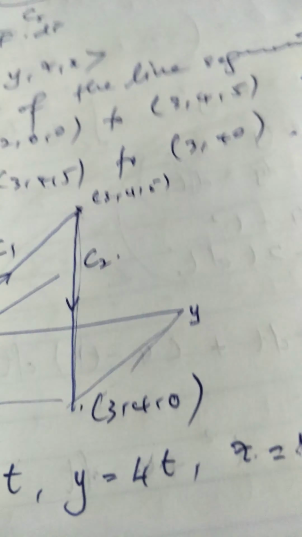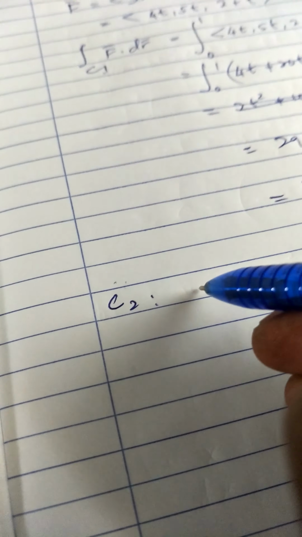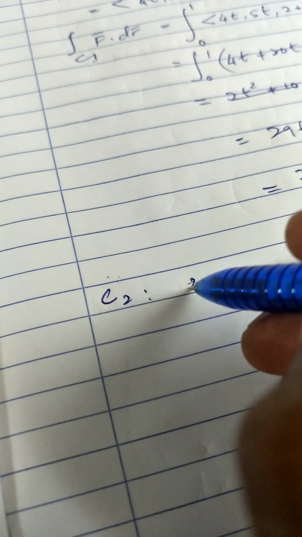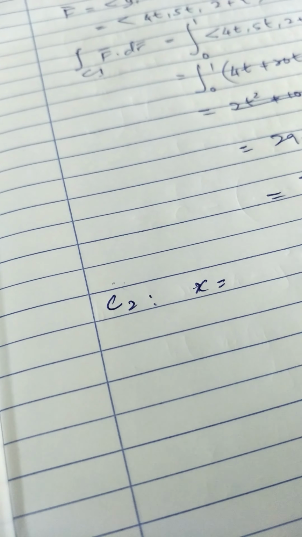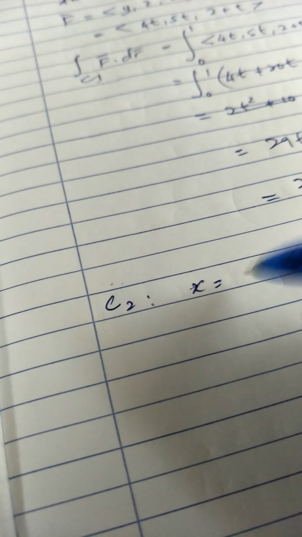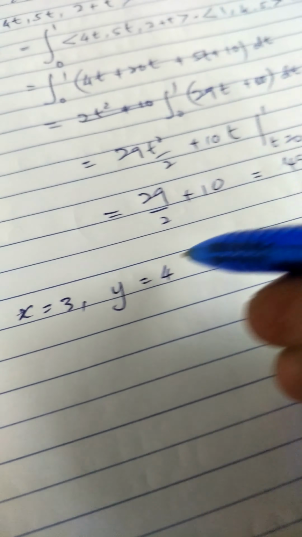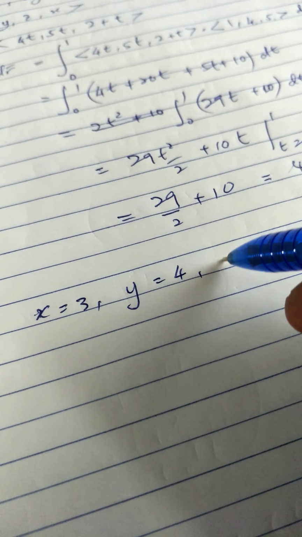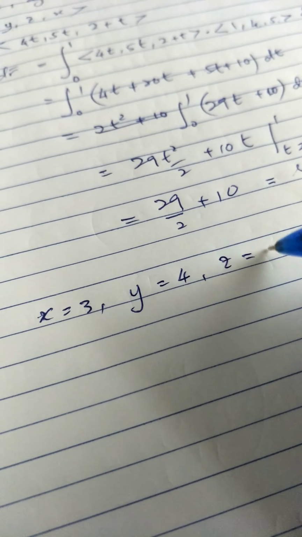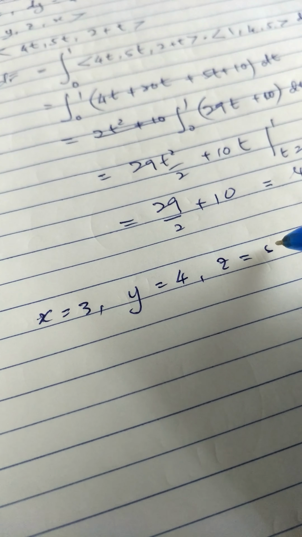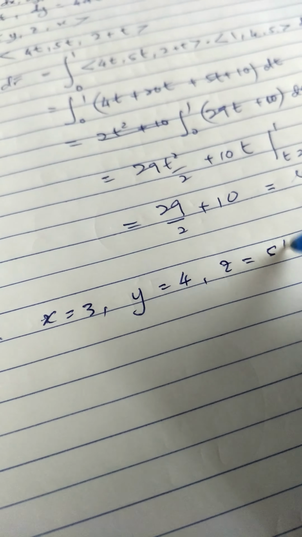Alright, so you can have this. So x is equal to 3, y equal to 4, and z equal to 5t. Right, 5t.